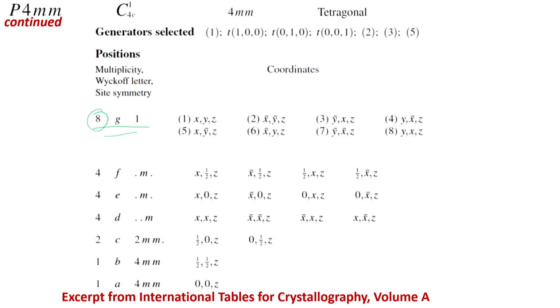If you start with one general position x, y, z, when you apply the symmetry operations, there are 8 positions that are created, and then you have the special position sitting on the intersection of two mirrors and a fourfold, which will have multiplicity of only 1.